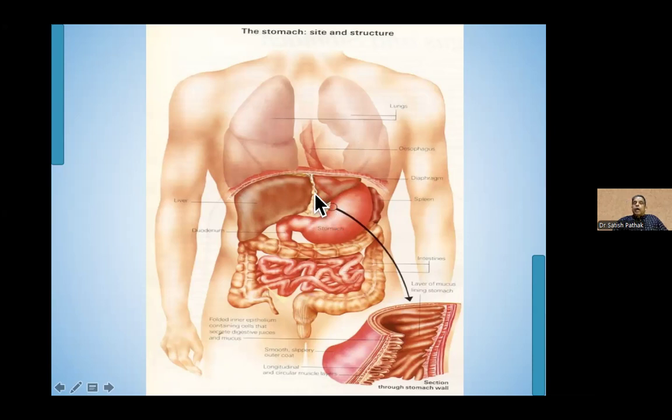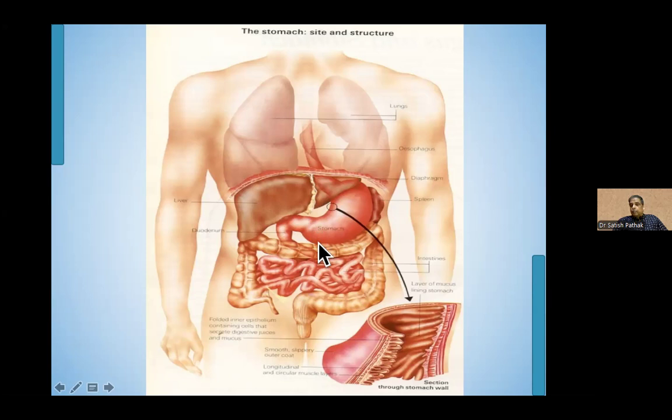Now, I told you about the hernia. What is a hernia? The abdomen is called a magic box, and it has 6 openings. Here the esophagus comes down through this opening in the diaphragm.